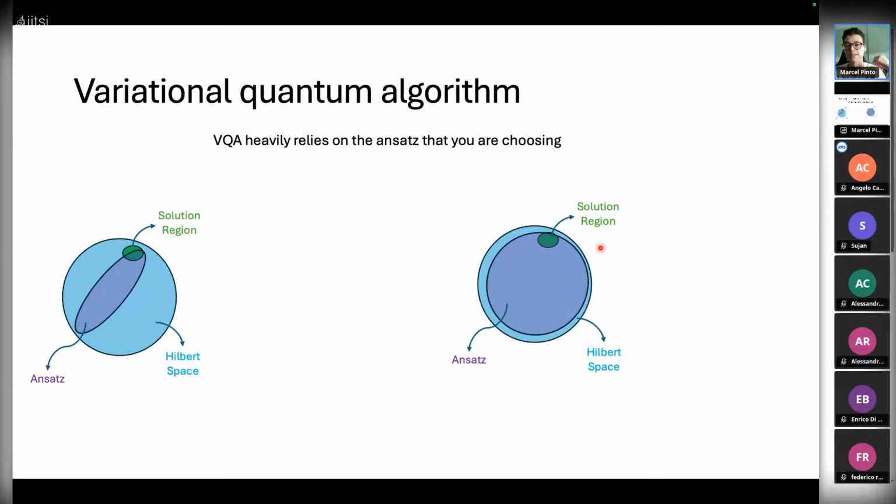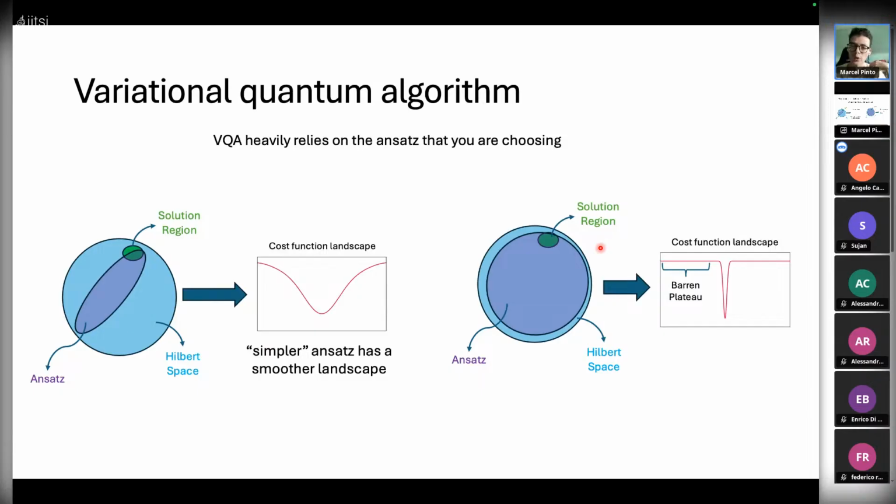But the problem is, if you create this type of ansatz, you start having problematic regions. I'm plotting the cost function landscape. It indeed has a minimum because the solution is inside the possible states the ansatz can reach. But you also have this flat region called barren plateaus. In this region, the gradients vanish exponentially.